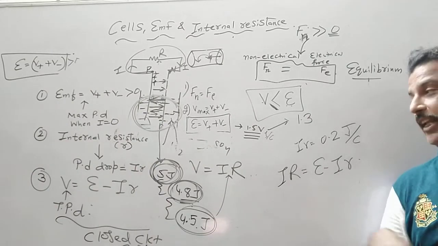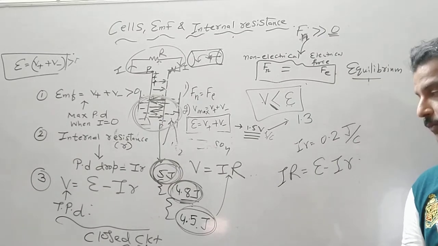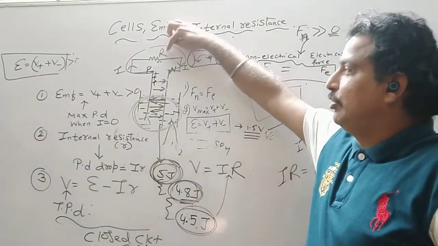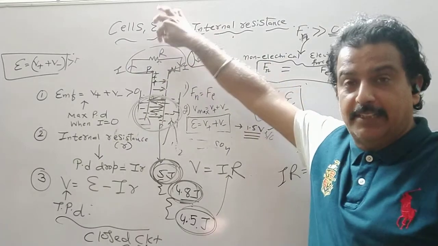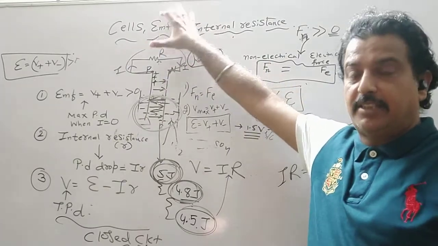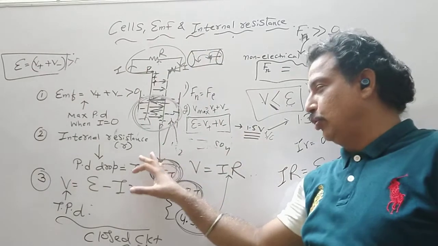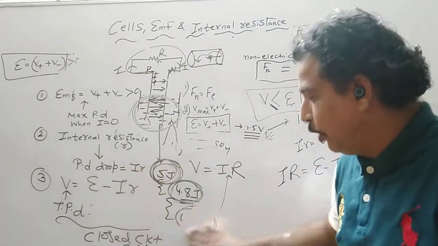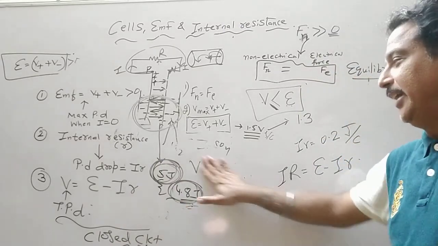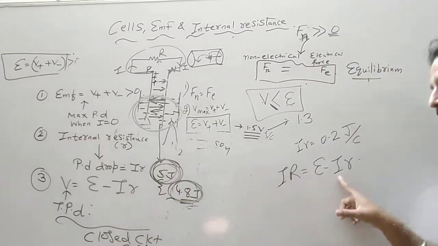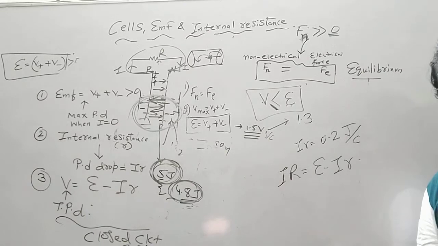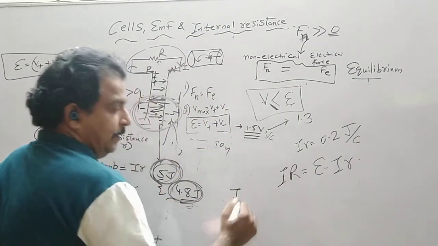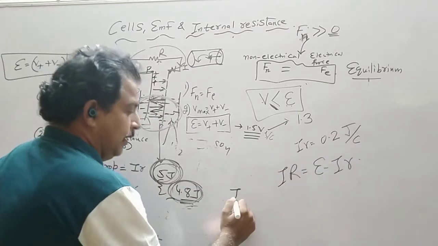If we neglect the losses of the conducting wire, and I assume that this is not a bulb, this is a resistance itself. So I have 5 joule, 0.2 joule is used up, so I am getting now 4.8 joule only. So this is 5 minus 0.2. Now, IR is equal to this.